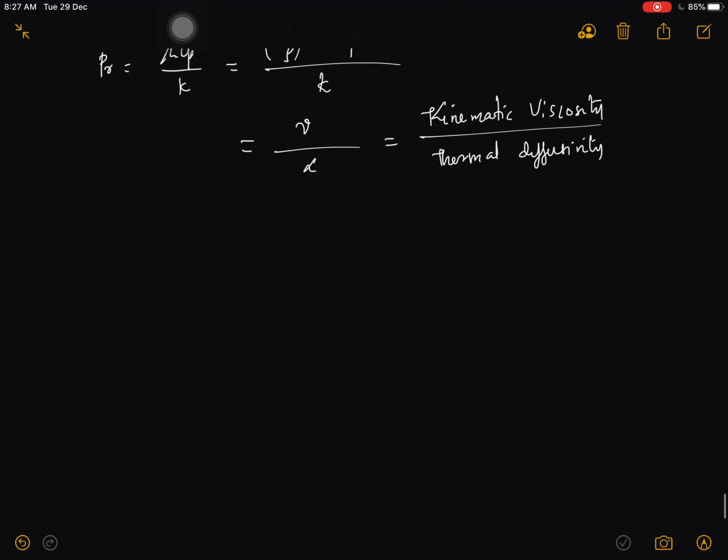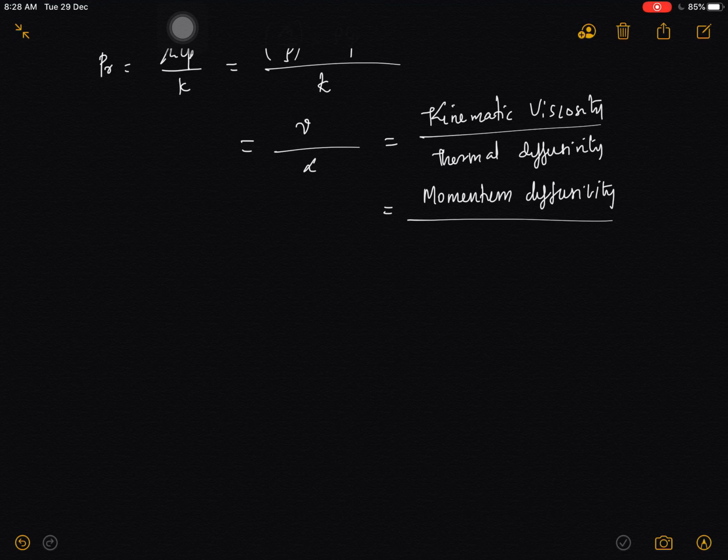From the kinematic viscosity we can understand how effectively the momentum is transferred through this particular flow. So this kinematic viscosity is also called the momentum diffusivity.